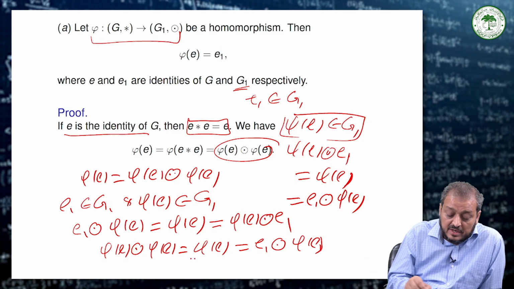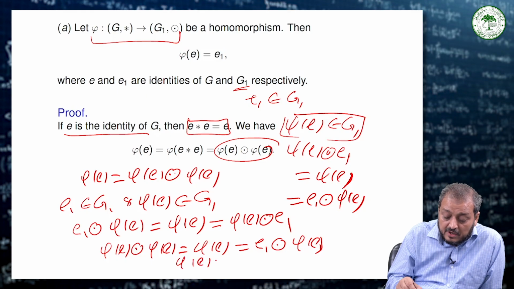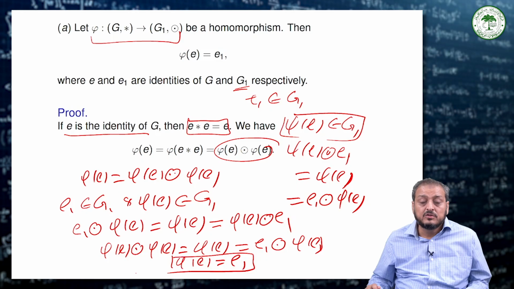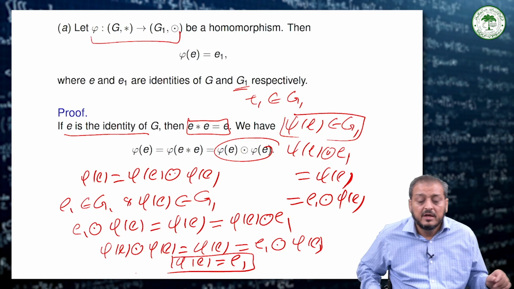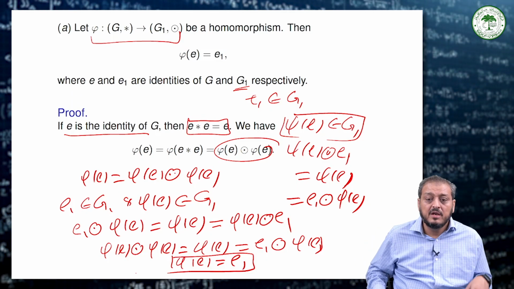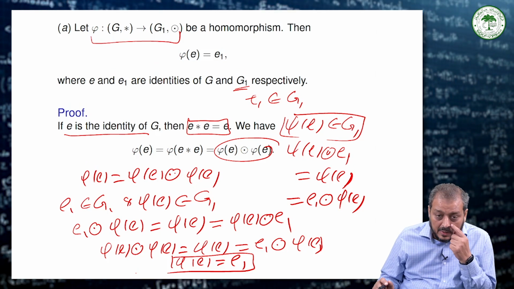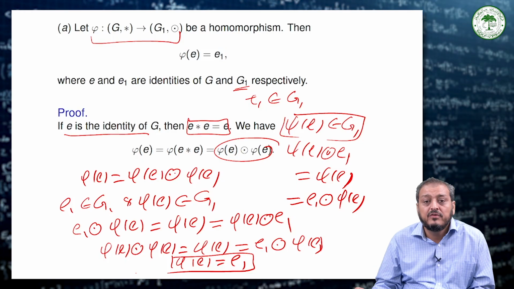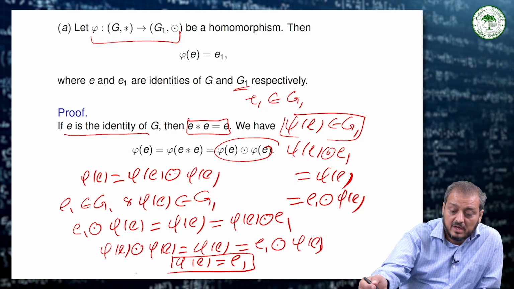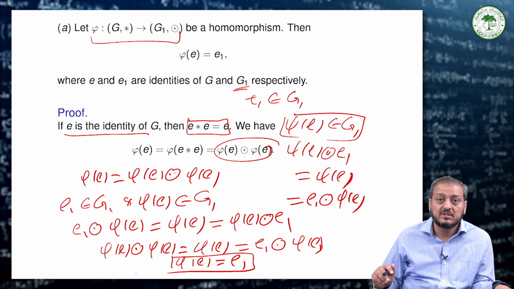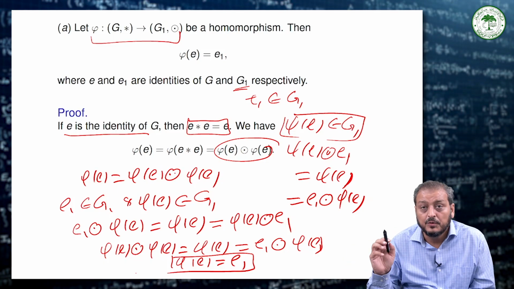So by the cancellation law, phi of E is equal to E1. That means a homomorphism maps the identity element to the identity element, preserving identity.